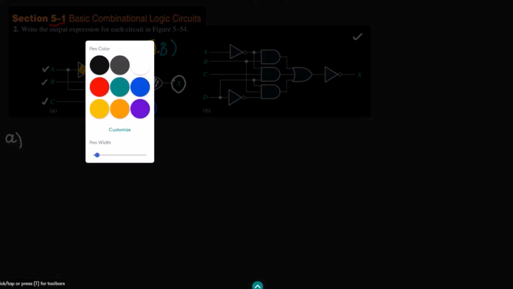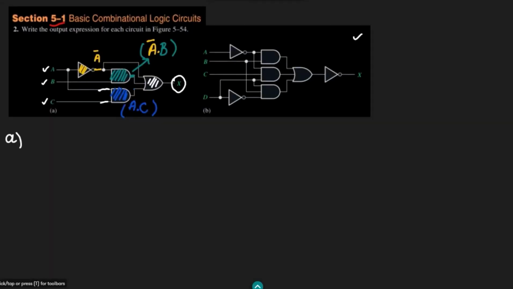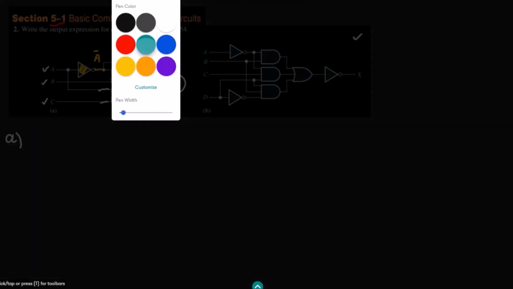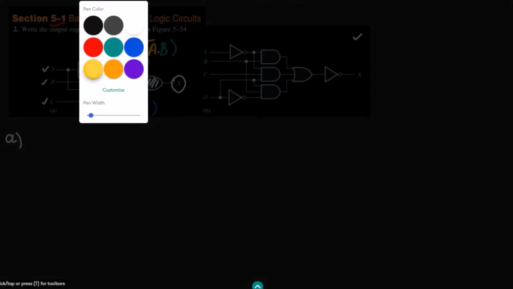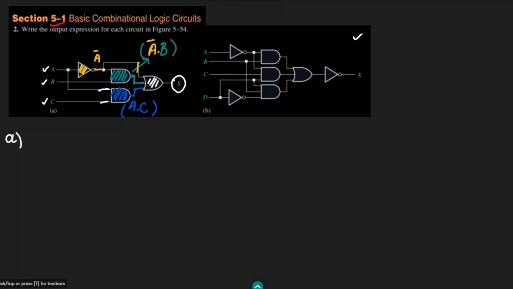Both of these inputs are given to, let me see, the output of this AND gate, similarly the output of this other AND gate, and similarly the output of this NOT gate which is represented by this yellow color. These are given to this OR gate, so the output of it will be X. Let me write this X. So X is equal to what?